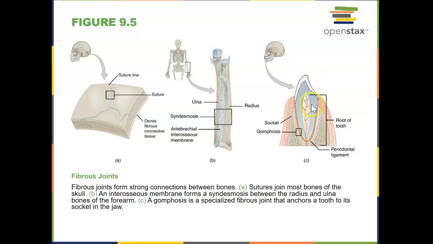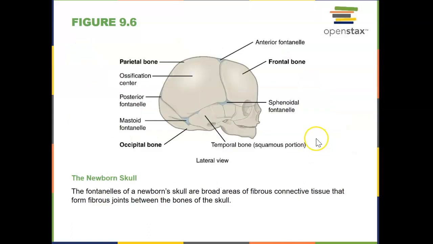So here's the enamel of the tooth. Right here's the tooth socket, this region. And then the gomphosis right here, I always say gamph, I don't know, it's gomphosis, is the joint between the tooth, the periodontal ligament, and the socket of the tooth. So this is the root. The whole thing here is the tooth root.